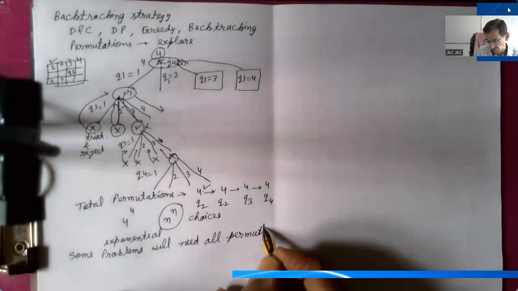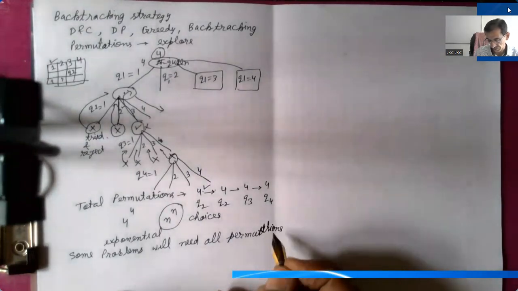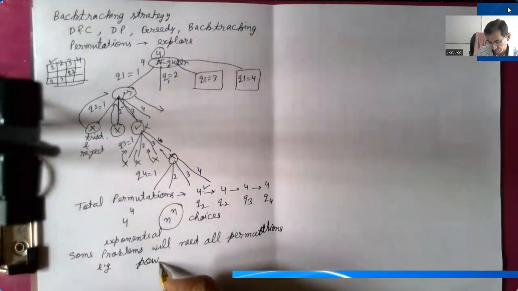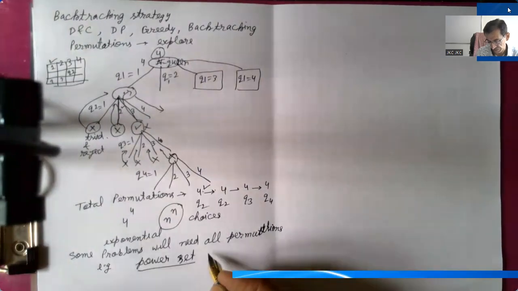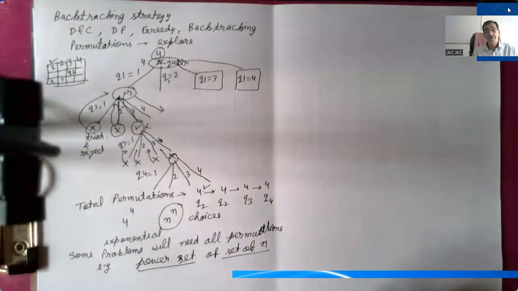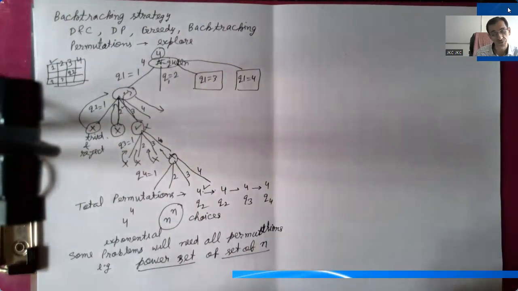Then there is no choice, you need a standard algorithm. For example, find the power set of a set. I know this has an exponential number of elements if the power set of a set of n elements is to be found. So obviously it is going to be exponential, and I have to find it.